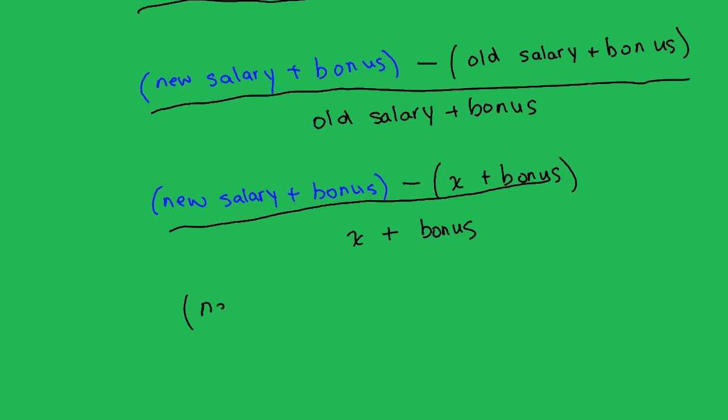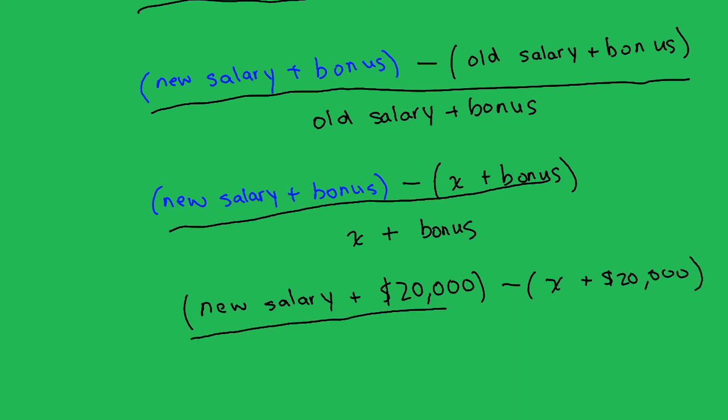New salary plus $20,000 minus quantity x plus $20,000, all over x plus $20,000. Okay, now we've got everything into numbers or variables except new salary. So that's the last thing we need to take care of.